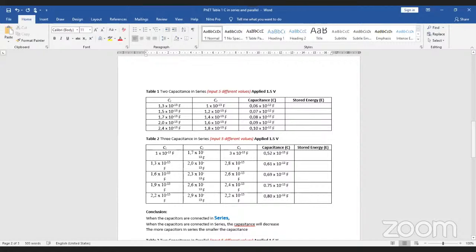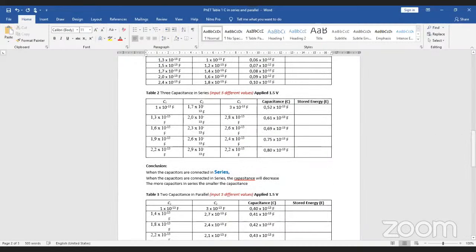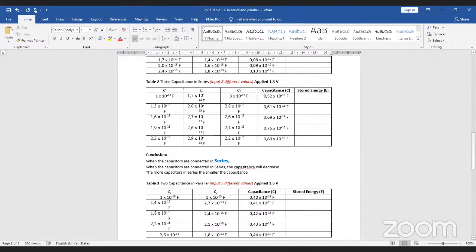And capacitor 3 is 3 times 10 to the power of minus 13 farad. And the capacitance is 0.52 times 10 to the power of 13 farad. So the conclusion is when the capacitors are connected in series, the capacitance will decrease. The more capacitors in series, the smaller the capacitance.